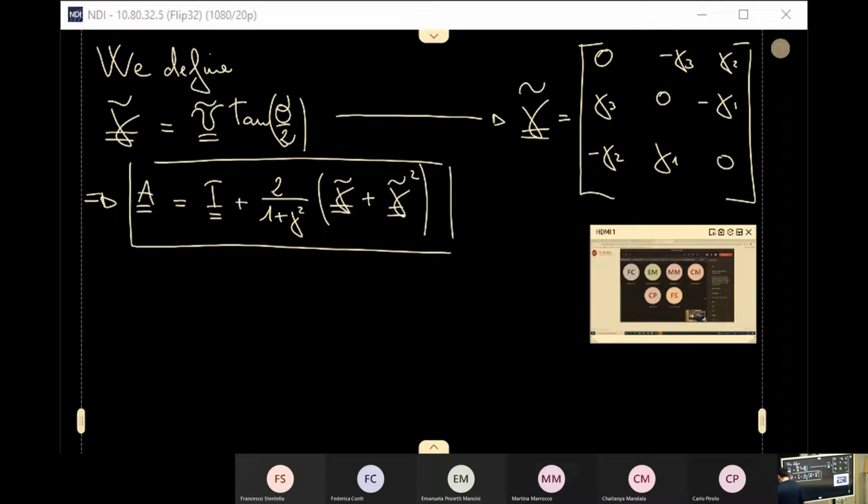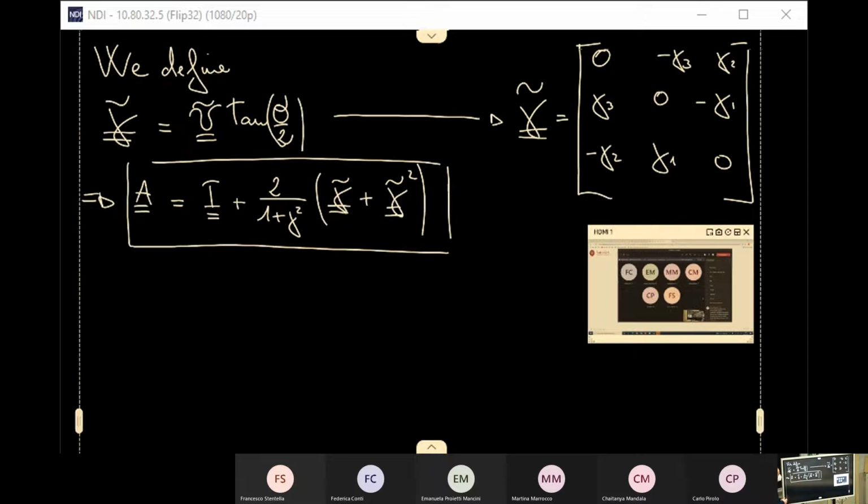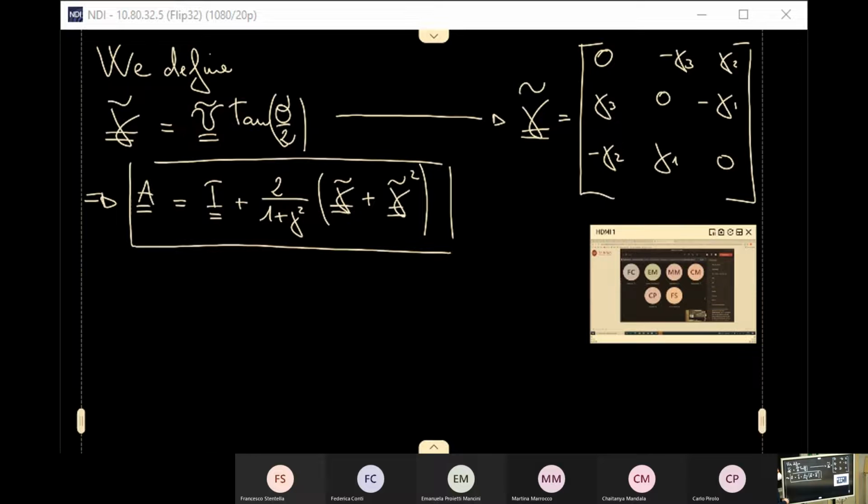We can, of course, at this point, try to establish a relationship between the Rodrigues parameters and the Euler parameters that we have defined yesterday. Of course, since they are used to define the same thing, which is the rotation matrix, or more abstractly, the orientation of the body, there must be some connection between them, right?